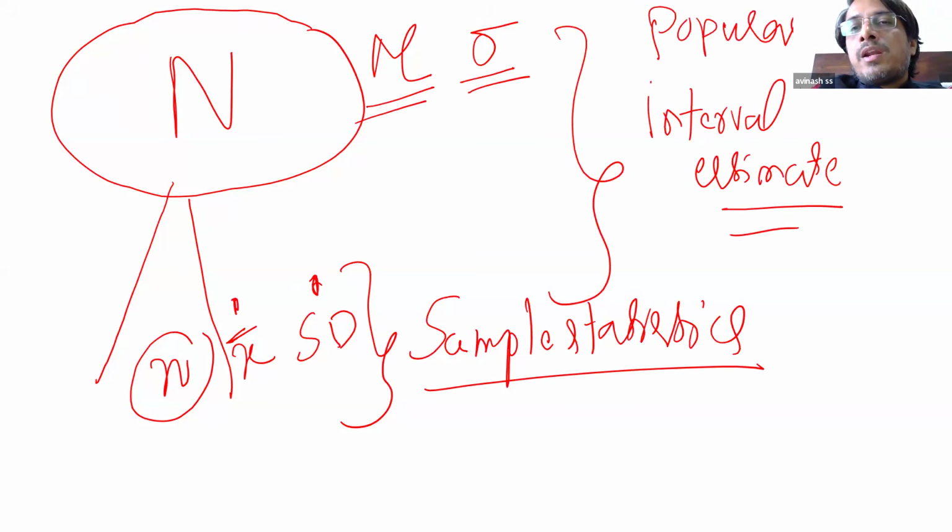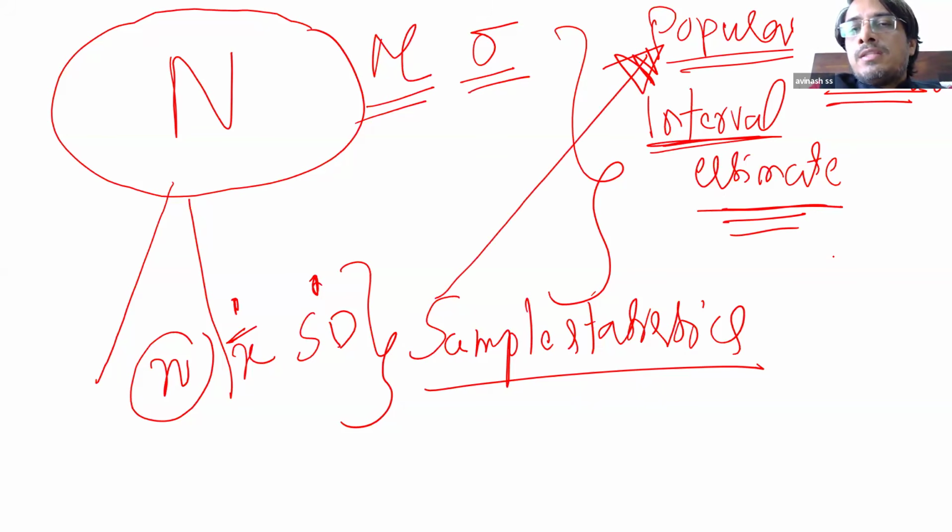What is the population parameter here? The mean value of the hemoglobin in the population or the variation in the hemoglobin in the population. The estimation of a population parameter from the sample statistics with a certain degree of confidence, that interval estimate, is called the confidence interval.